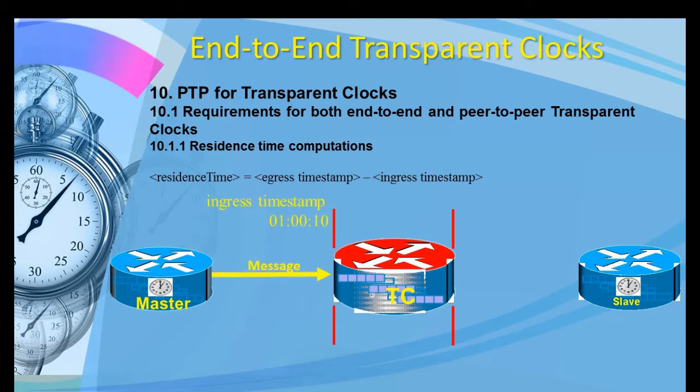When the packet arrives at the ingress port on the transparent clock, it will make a timestamp. After going out the egress port from the transparent clock, it will make another timestamp.